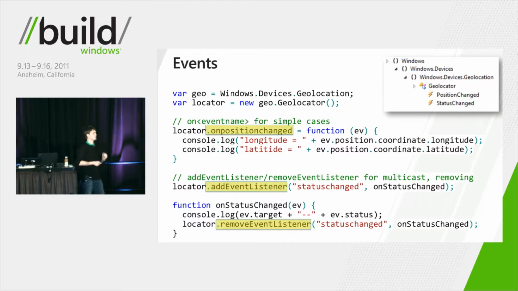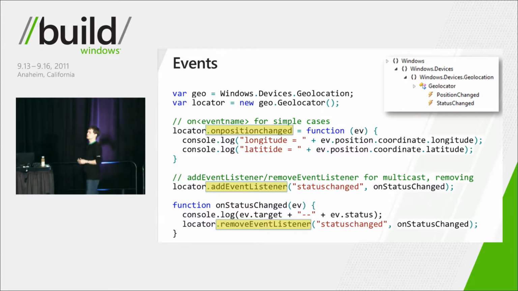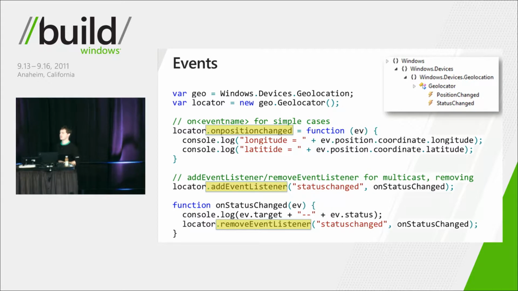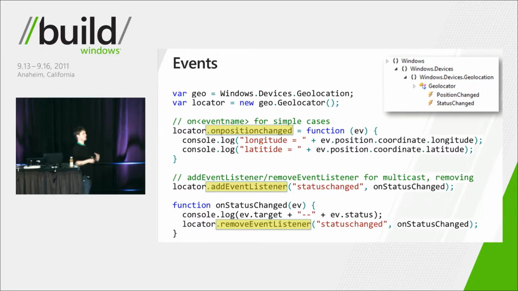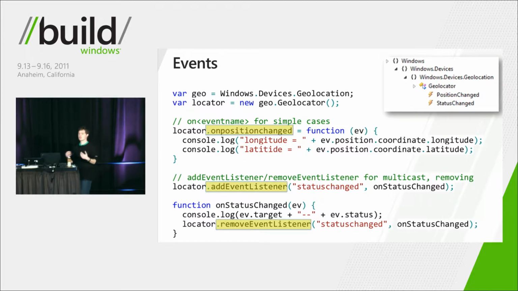And it also includes an on-position-changed or on-query-submitted or whatever function property that can be set as a single cast event invocation. And so this means that your programming experience for events, just like some of the other members we saw, is going to be really consistent across these two pieces of your applications.